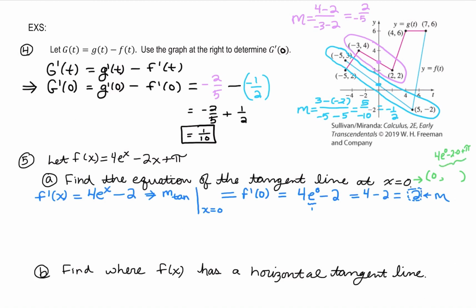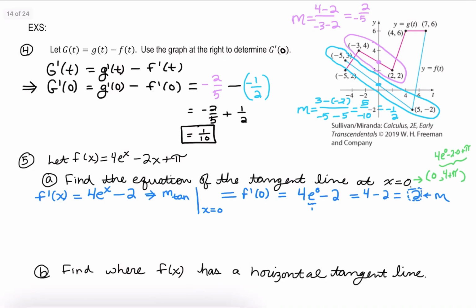So if they don't give you the y coordinate, you're always subbing it back into the original. So e to the 0 is 1, so you just have 4 there, and then minus 0 plus pi, so that looks like it's just going to be 4 plus pi as an exact form, and we always want to just default to the exact form. Don't go to decimals unless you're prompted to do so.